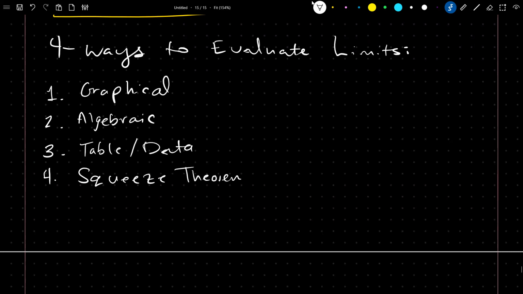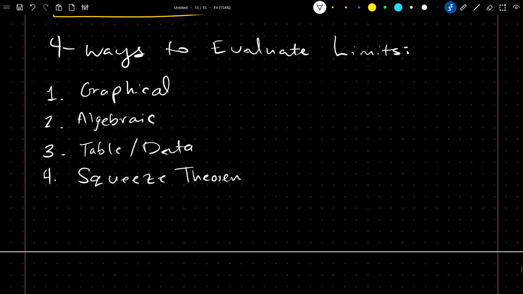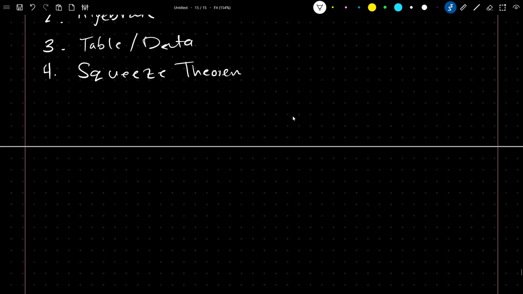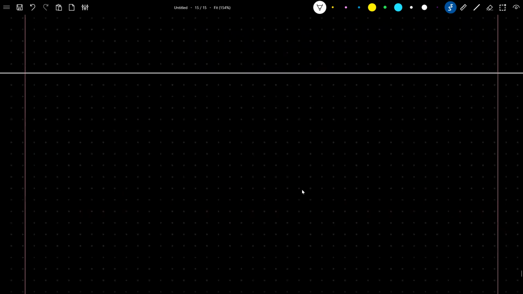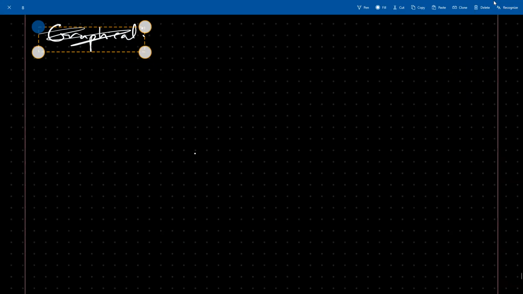Okay, so we've got 4 different ways that we usually look at how to evaluate limits. Now, the next one I want to show you is using a table, or using some data.